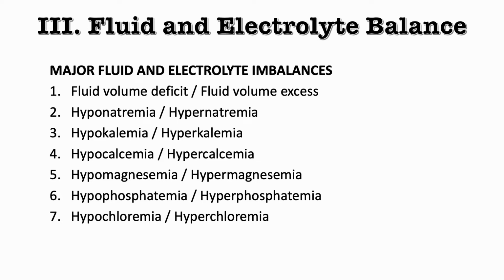I will be showing on the next slides tables of these major fluid electrolyte imbalances, the contributing factors, the signs and symptoms, and laboratory findings. Please review them. They are self-explanatory.